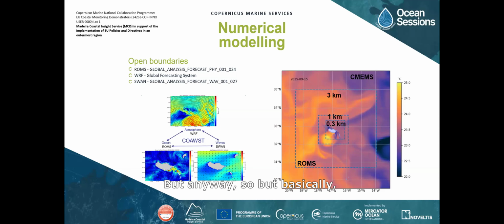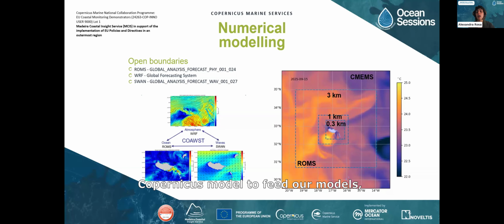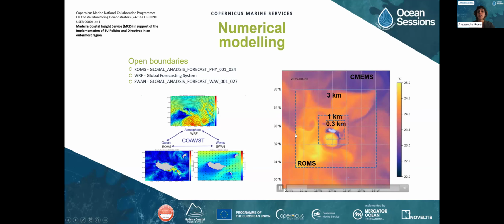But anyway, basically, in the right panel you can see the configuration that we are using in this project, which is from the ROMS model, where we use Copernicus models to feed our models. Maybe I can keep playing. Okay, great.